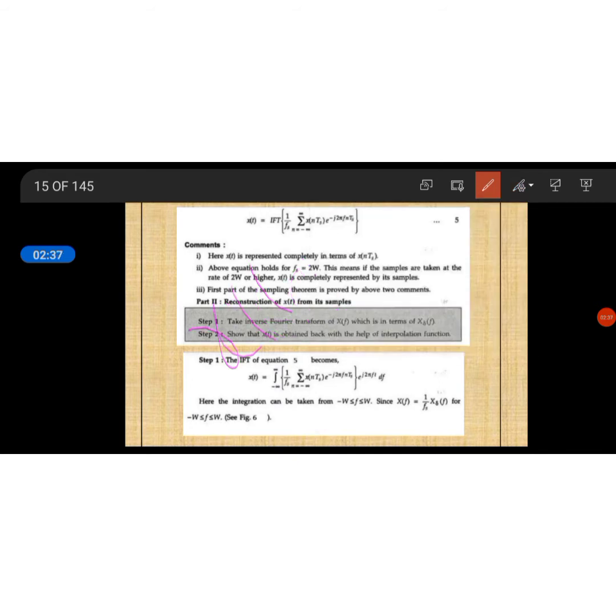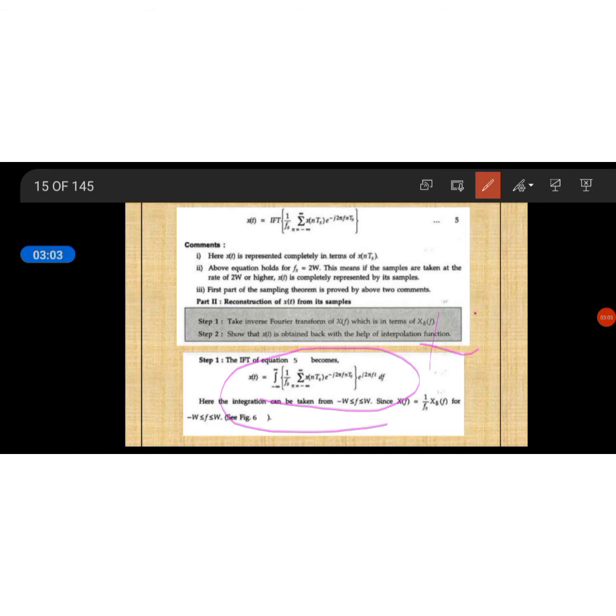For the inverse Fourier transform, you take the integral from minus infinity to plus infinity of X of f e power plus j 2 pi f t df. So this is that equation.